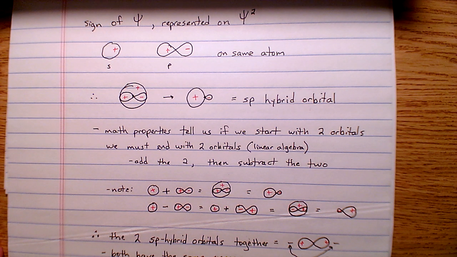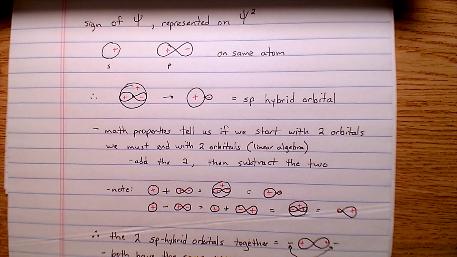And let me emphasize again, these are not positive and negative charges. These are not charges. These are merely mathematical signs from the mathematical equation: the greater than zero part and the less than zero part. All right.